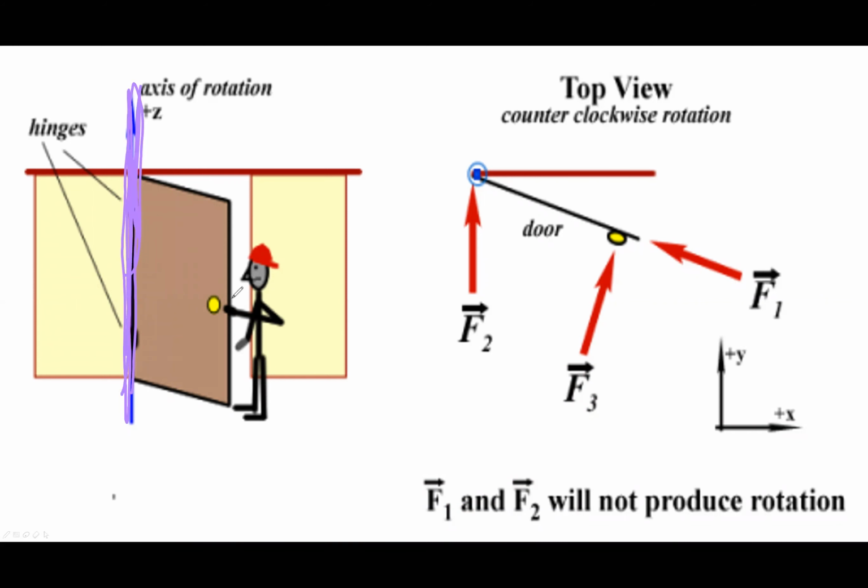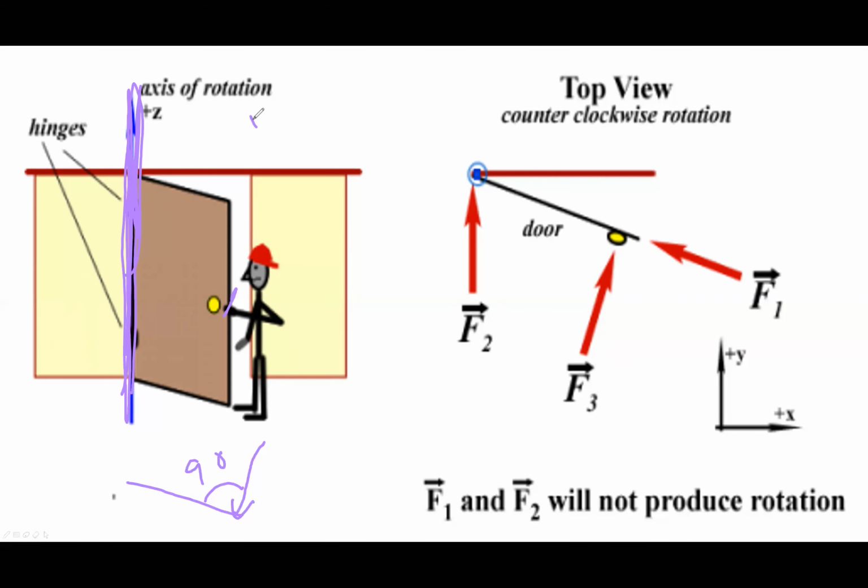If you apply force perpendicular to the axis of rotation, making an angle of 90 degrees, the torque will be maximum.